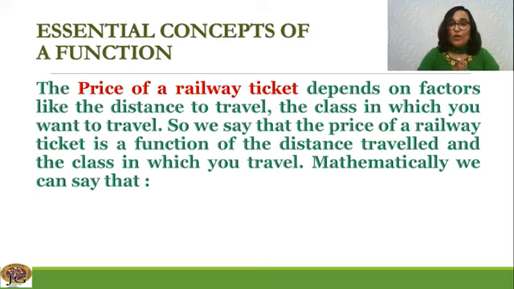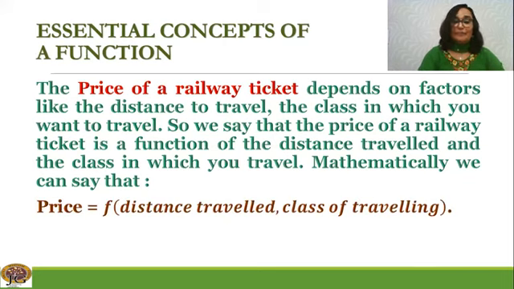Okay, so what is happening over here is the price of the railway ticket is dependent upon several factors like the distance traveled and what class you are traveling in. So mathematically over here, if you remember a little, a function was denoted by F. If you were in Gujarati medium in your 12th standard, we used to call function vidheya in Gujarati. Now, do you remember a little?